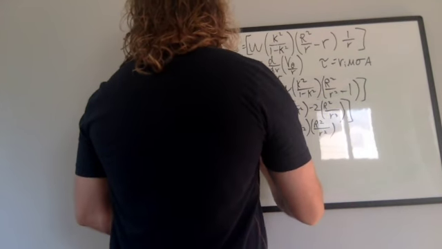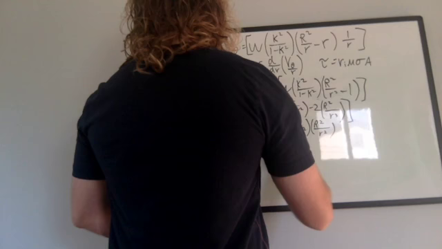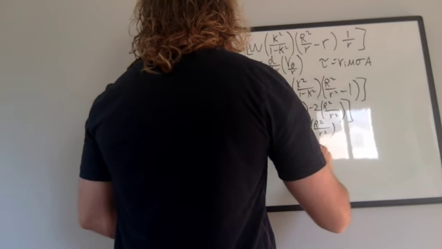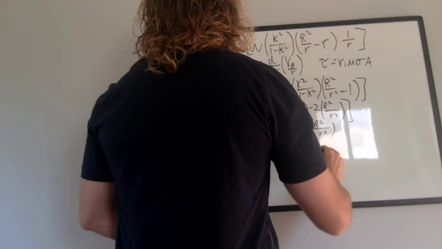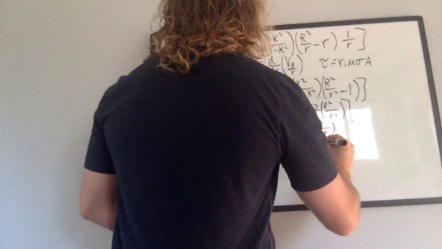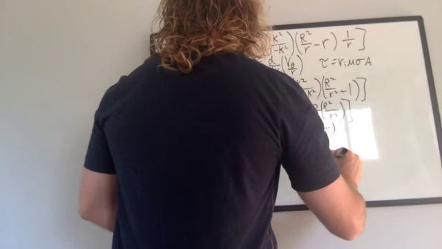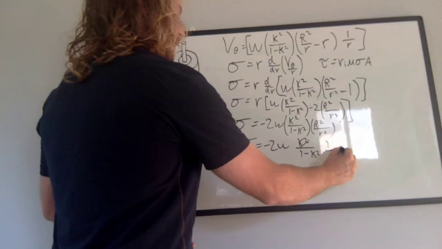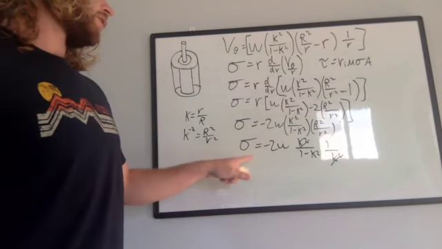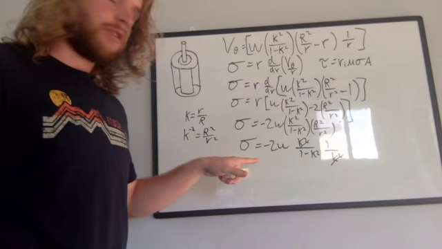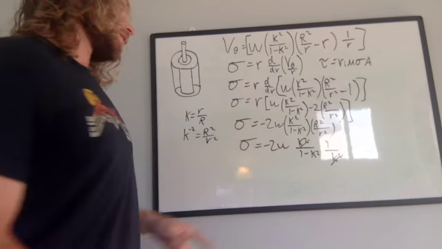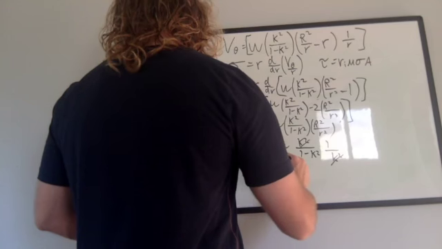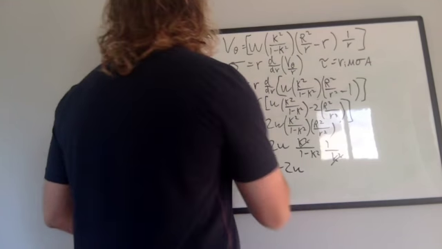We're going to go sigma is equal to negative 2w k squared over 1 minus k squared, and we'll go 1 over k squared. And as you can see right here, these k's are going to cancel out, and that's going to leave us with our shear rate being equal to negative 2w over 1 minus k squared, and that is going to be our shear rate for our inner cylinder.